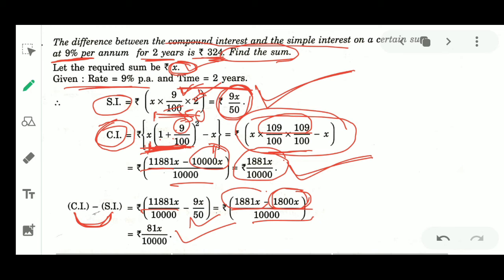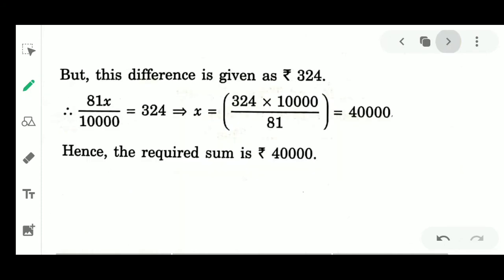But according to the question, the difference between compound interest and simple interest is 324. So we can write 81x by 10,000, the difference between the compound interest and simple interest, equal to 324. That is given in the question.